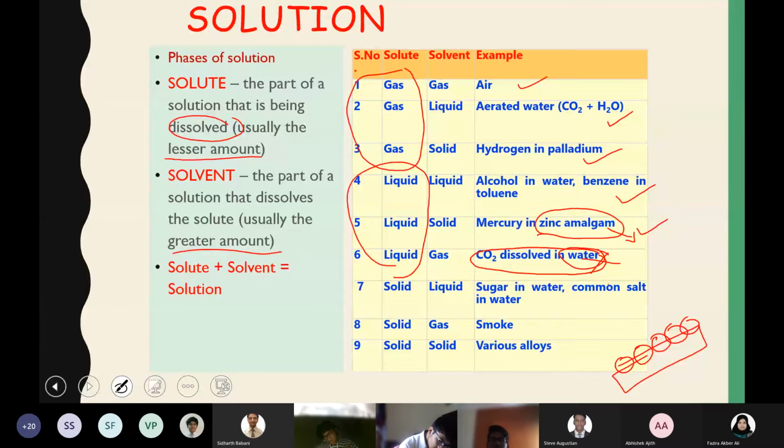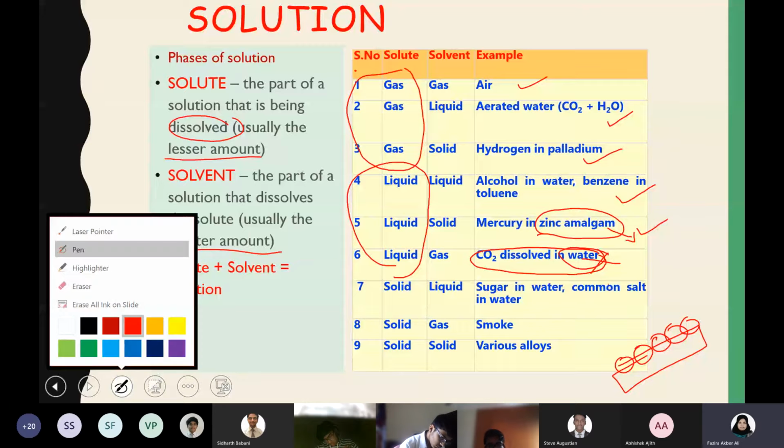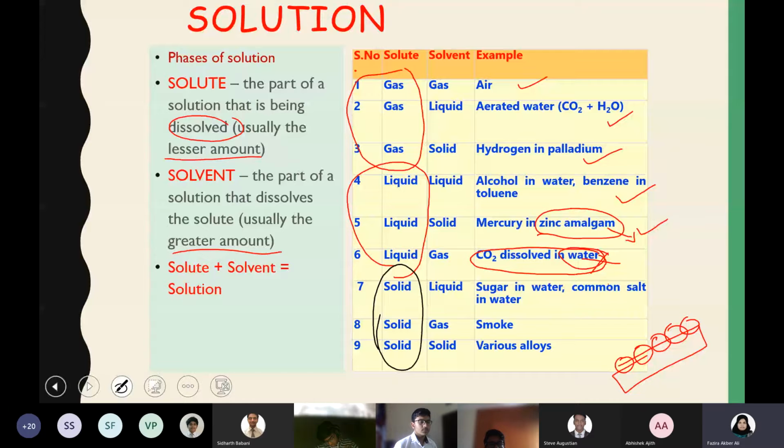Yes, ma'am. Okay, in the last three categories the solute is in the solid state, in different combinations. Solid and liquid is the seventh, a very well-known and important type of solution. Whenever we hear the word solution, we automatically think of a solid dissolved in water or in any liquid.